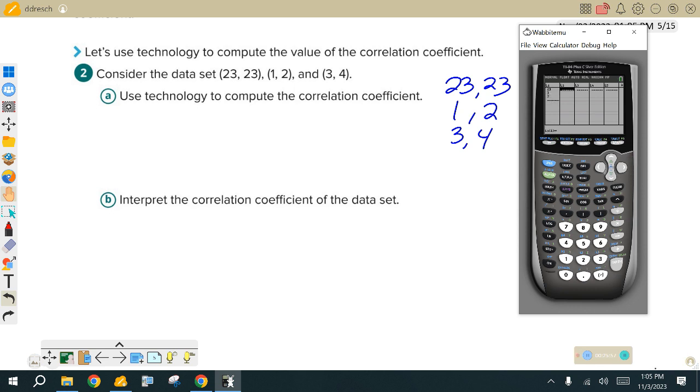Go to L2, and what do we got? 23, 2, and 4. Okay? Stat, calculate, and we are always still living in option 4. Go calculate. Desmos people, you're doing the exact same thing. Now, if you've correctly done this, you enabled the stat diagnostic is what we needed for you.